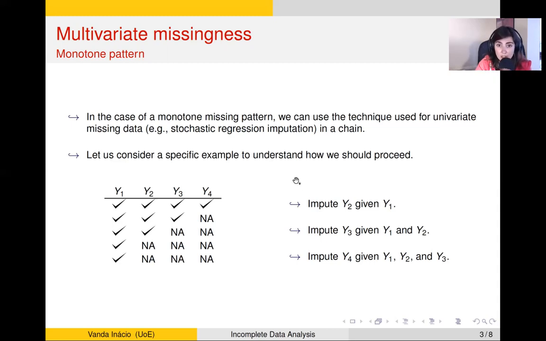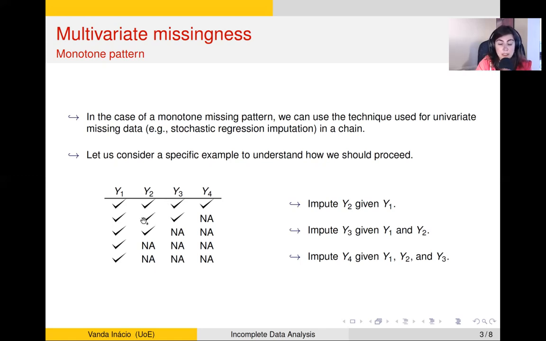Let us consider this specific example. I have four variables, y1 up to y4, and five individuals, and I see that I have a monotone pattern of missing values. One possible approach is to impute the missing values in y2 using y1, then impute the missing values in y3 using y2 and y1, and finally impute the missing values in y4 using y1, y2, and y3.